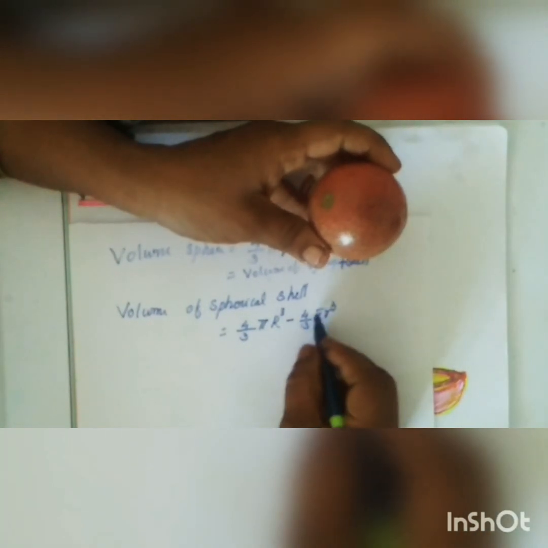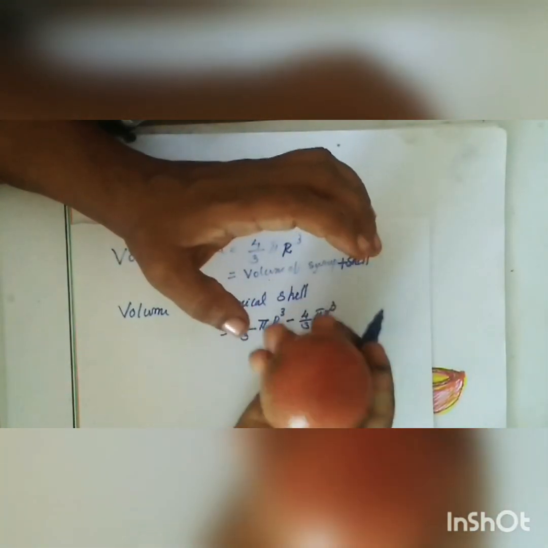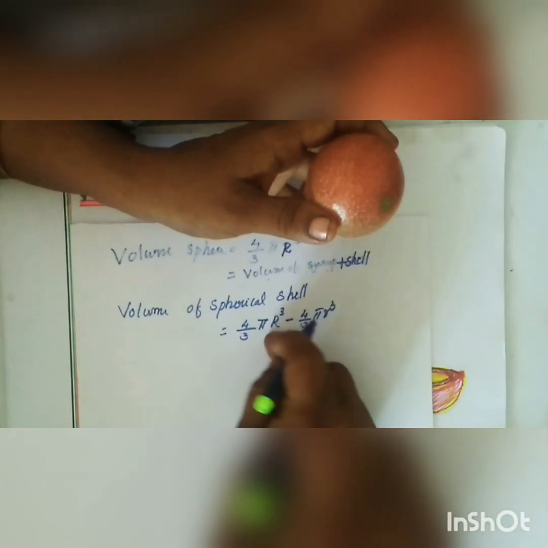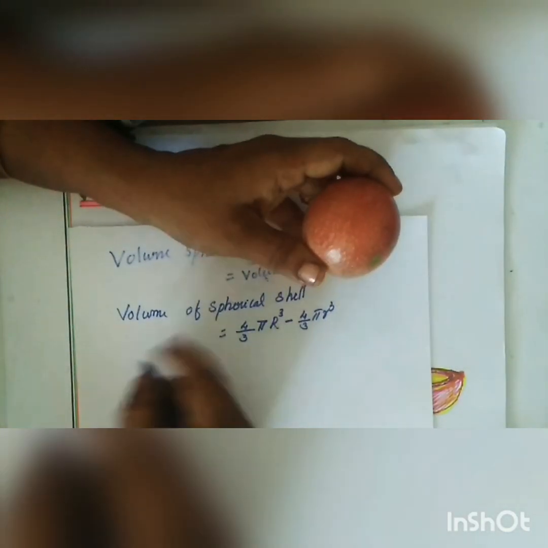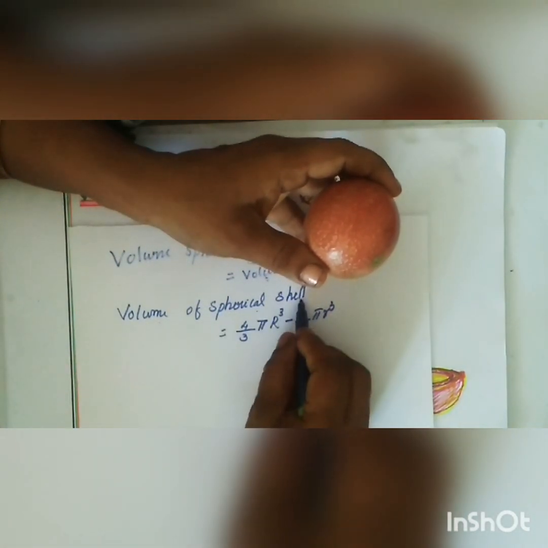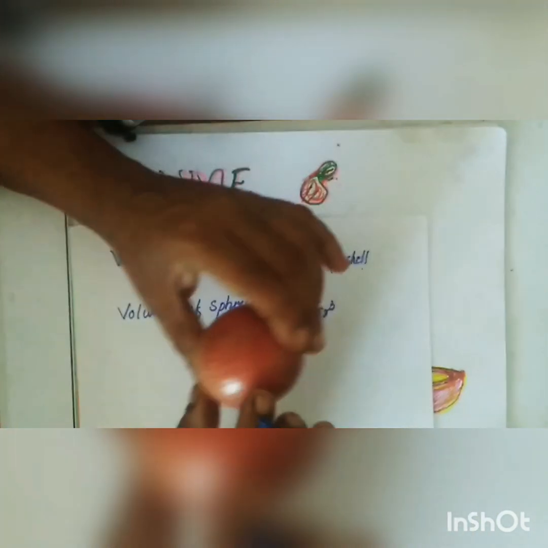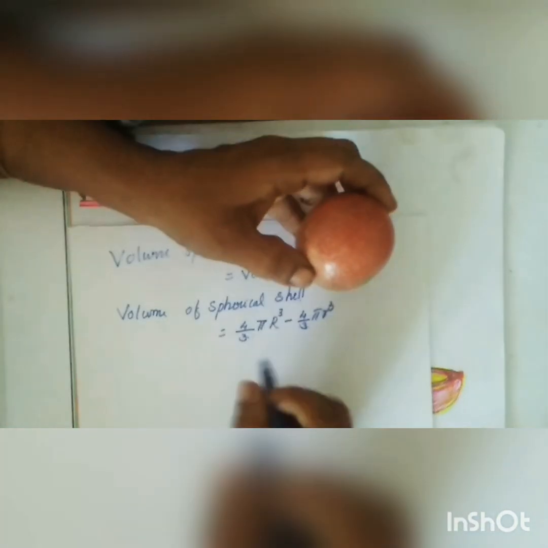Here 4 by 3 pi small r cube represents the volume of syrup inside this fruit, and 4 by 3 pi capital R cube represents the volume of syrup plus shell. Therefore, the volume of the spherical shell only is the difference between shell with syrup and syrup only.